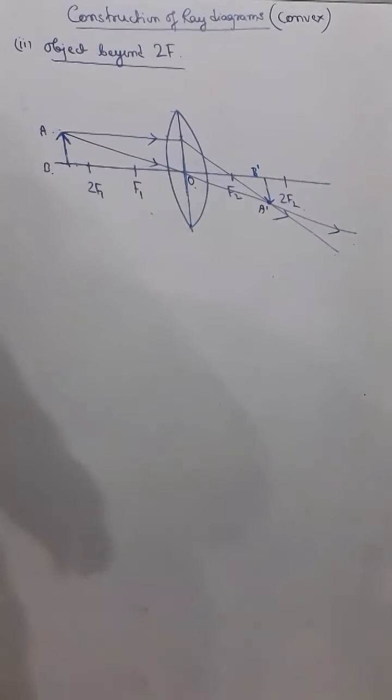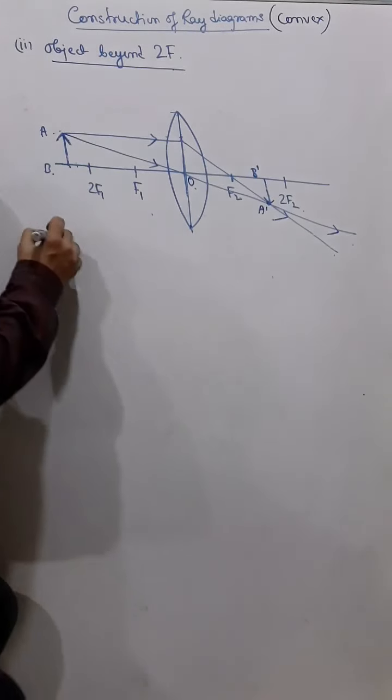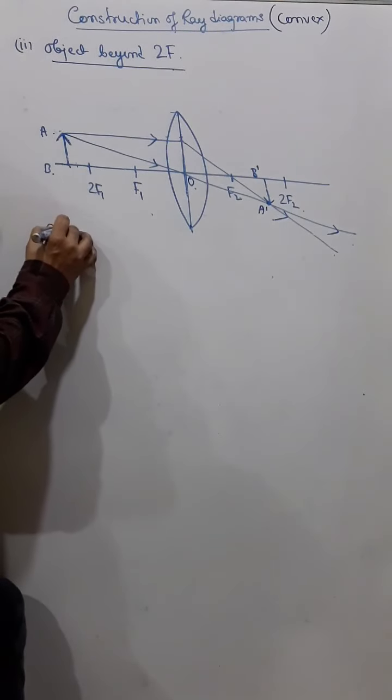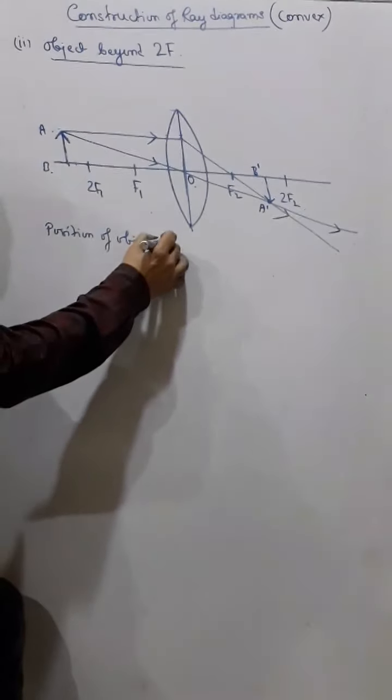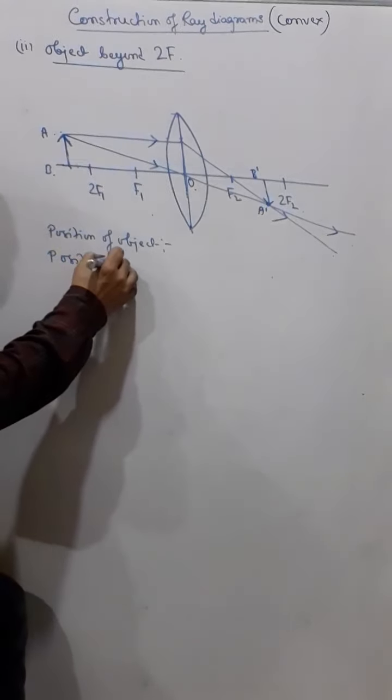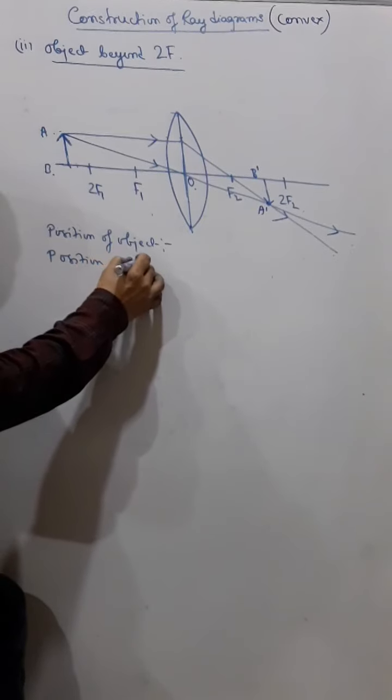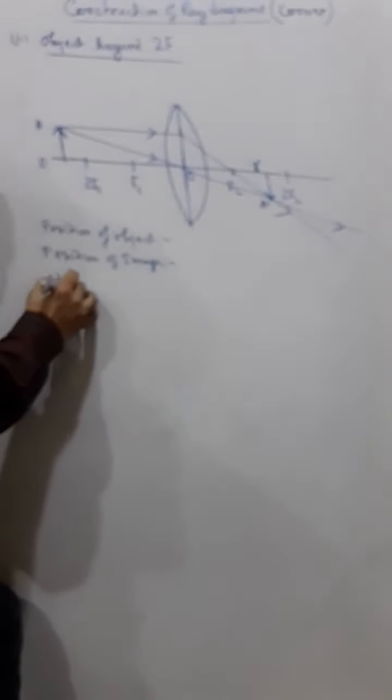Okay, and after the diagram you should mention the position of object, then position of image, and then characteristics of image.